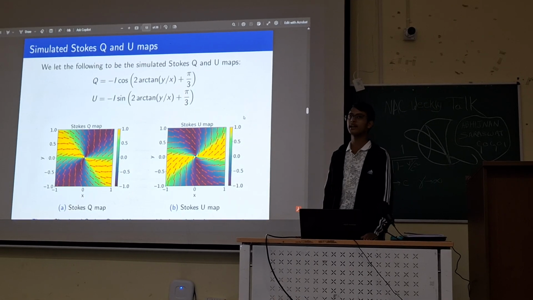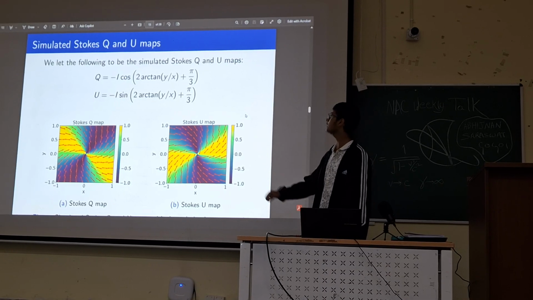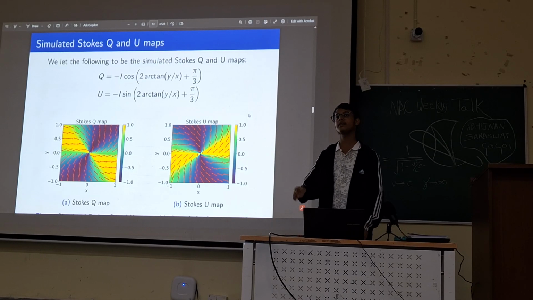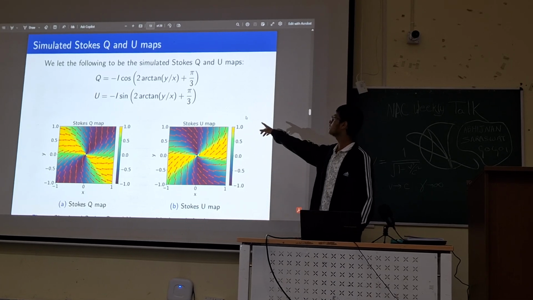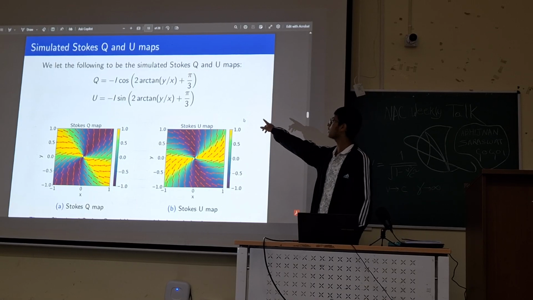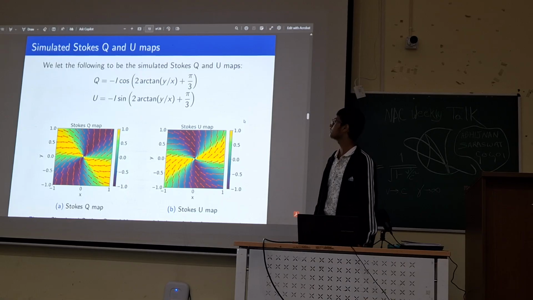What I've tried doing here is to synthetically create these Stokes Q and U maps. I use these two equations, Q equal to minus I times cosine of this expression, and similarly for the U map, to obtain the Stokes Q and U maps.